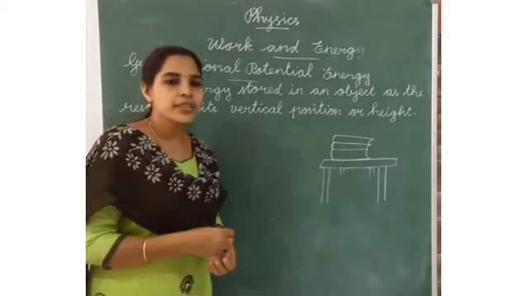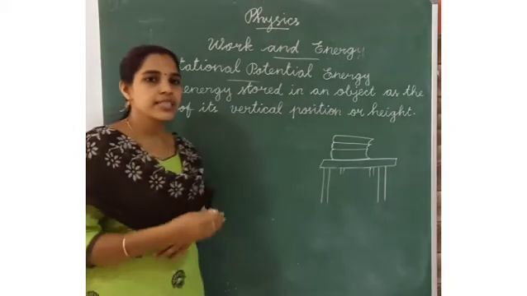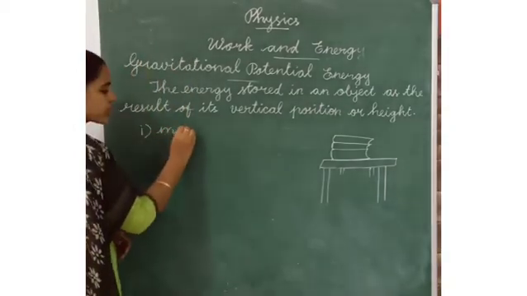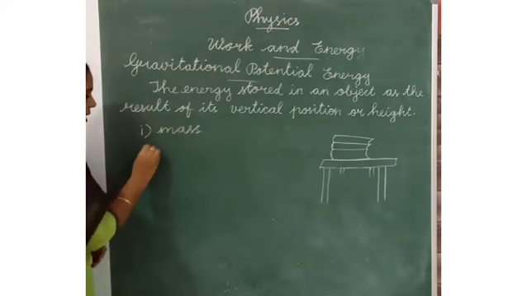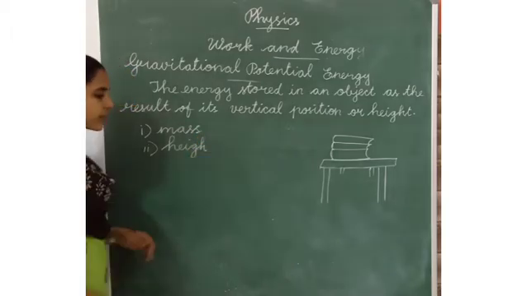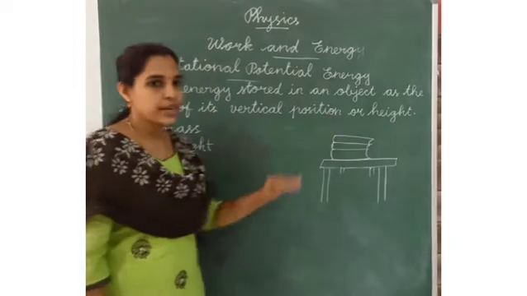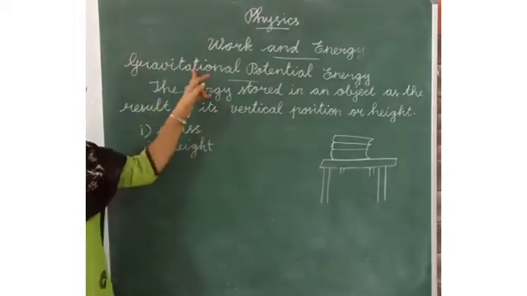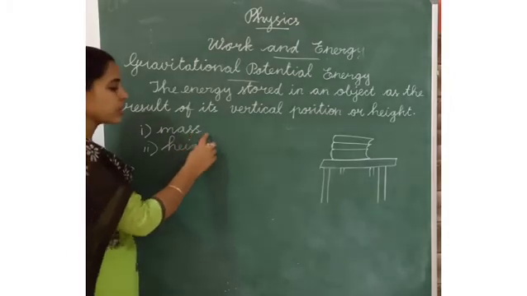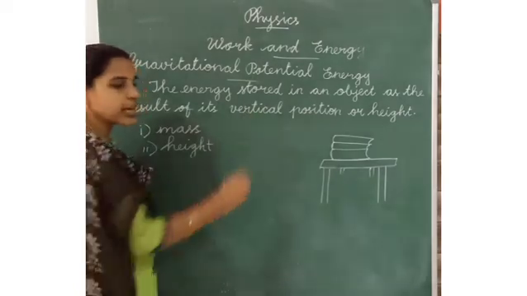The potential energy depends on two variables. First one is the mass of an object. Second one is the height of an object above the ground level.